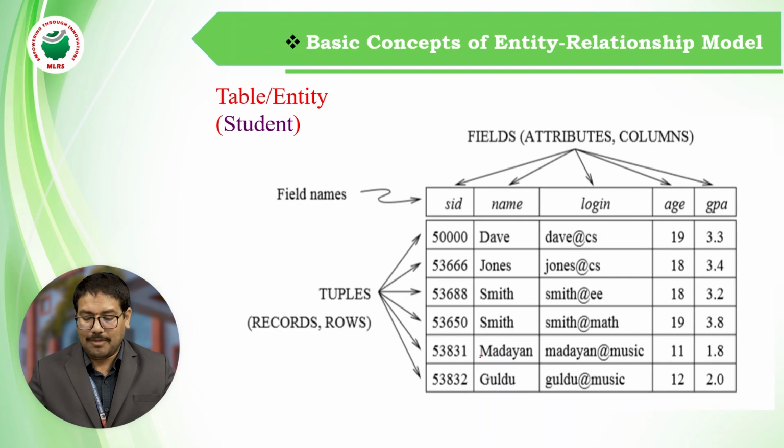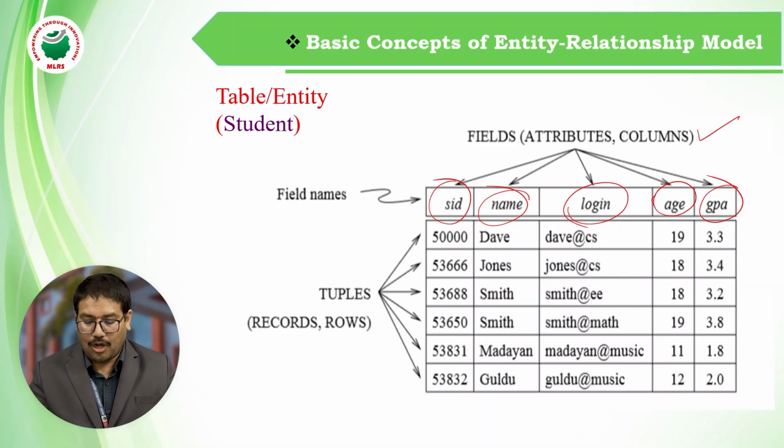Before that, let me consider a table. I have already explained this. This is a student relation table, or student table, which has various attributes, also called columns: the SID attribute, student name attribute, student login attribute, age, and GPA. These are the various attributes, also called columns.